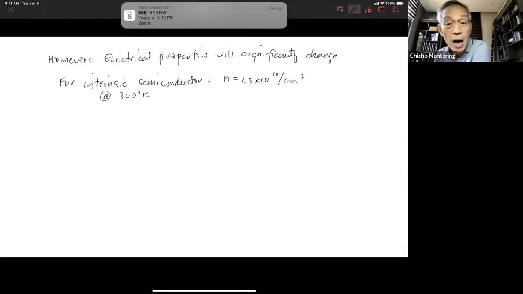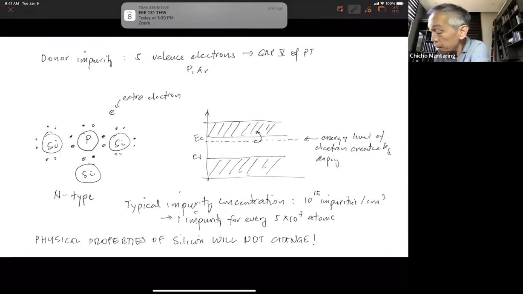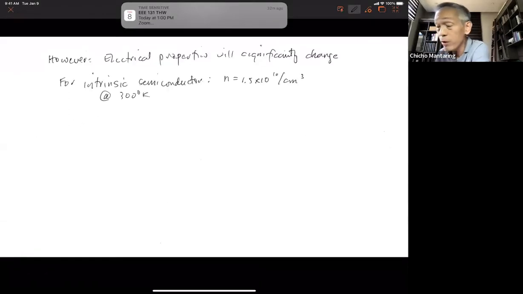Okay. Now, this is my impurity concentration, 10 to the 15 impurities per centimeter cubed. So if we assume total ionization, I already told you what that is. Assume total ionization.